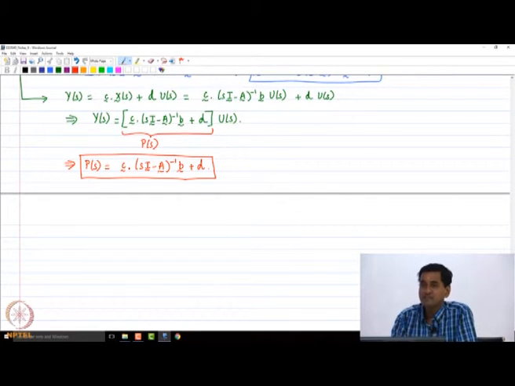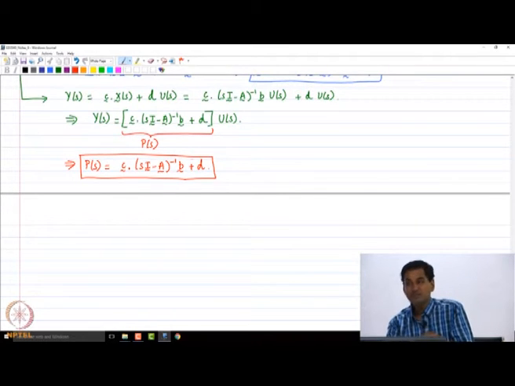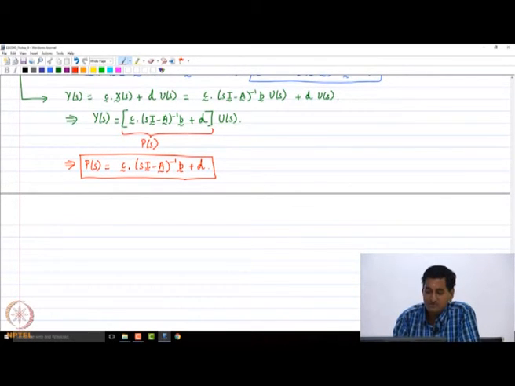You calculate sI minus A, you take the inverse, multiply that resultant matrix with B, you will get a vector, then take C dot that vector, and you will get a scalar function of s. That is the relationship between the transfer function and state space.